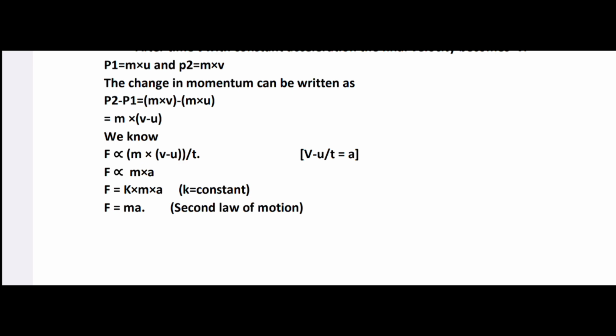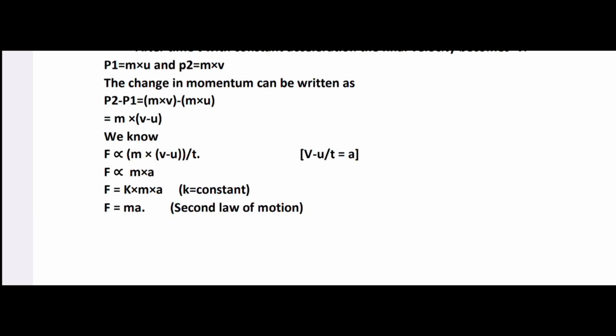Now, p1 momentum is m into u initial and p2 final is m into v. Now, change in momentum can be written as p2 minus p1. Now, p is the symbol for momentum. So m into v minus m into u. m is common, v minus u. We know force is directly proportional to the mass multiplied by v minus u upon t.